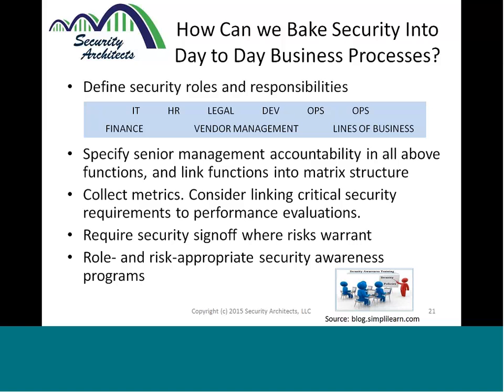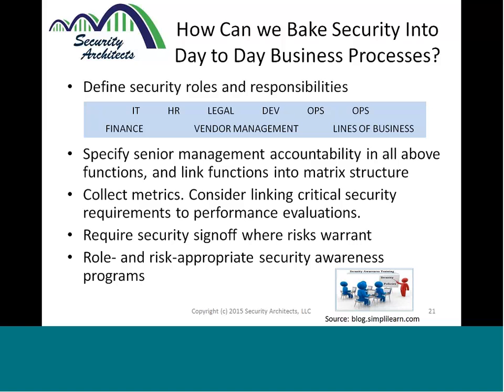And then another kind of metric that really hits home with people is to link certain critical security requirements to performance evaluations. Another way to bake security into the process is to determine those places where security sign-off should be required before a new project is started, before a new application is deployed, before a risk exception is granted.